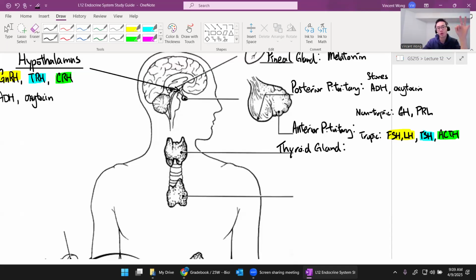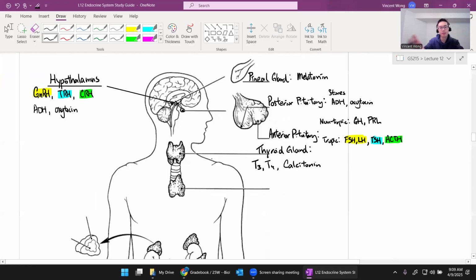What are the three hormones from the thyroid gland? And there are two related to metabolism, which are T3. If you know T3, you know T4. And then there's another one, calcitonin.